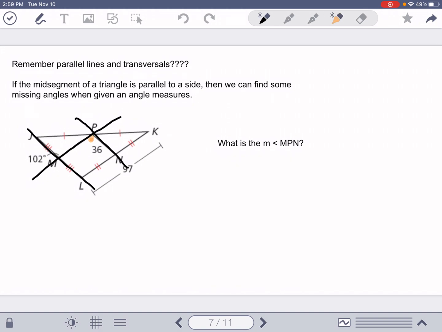Right here at this orange angle, and right here at 102, because I'm given 102, you're going to be able to look at those and say, hey, those are alternate interior. Alternate interior angles are congruent. So angle MPN would equal 102 degrees.